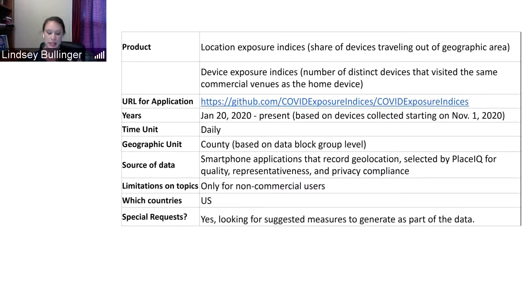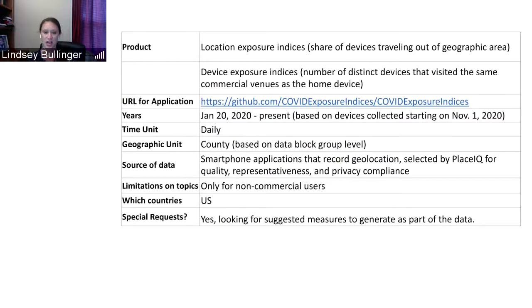So for example, in a county, 2% of all devices went from county A to county B, 3% of all devices went from county A to county Z, all within a 2-week period. In addition, they have a device exposure index, and this index basically shows how many devices a particular device was in contact with.